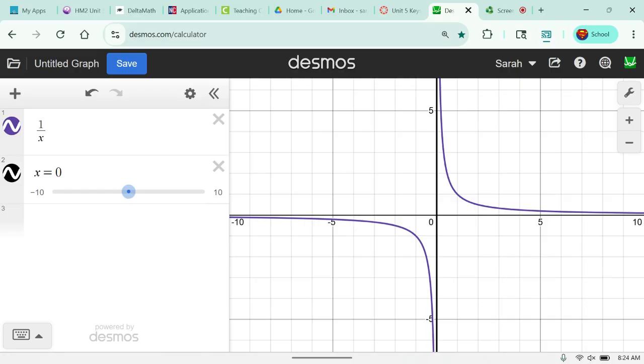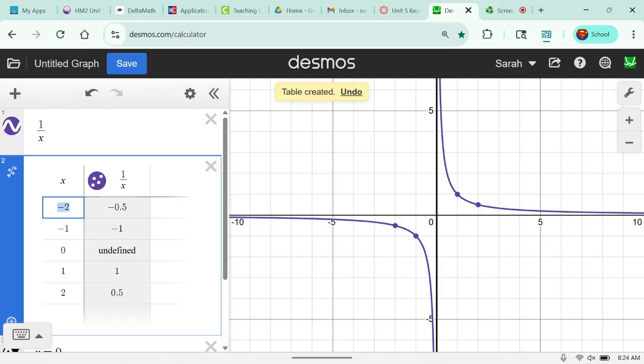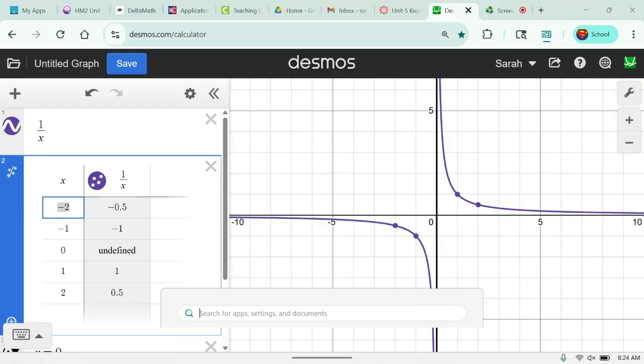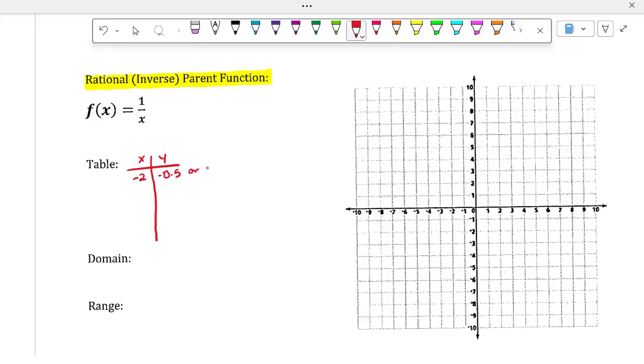But let's go ahead and get the table. So I'm going to generate the table, and I want nice, pretty numbers. Now notice when x is 0, what does it say it is? Undefined. So I'm just going to copy down this table because that's a nice, easy table. So we have -2 and -0.5. If you plug -2 in for x, it's also -1/2.